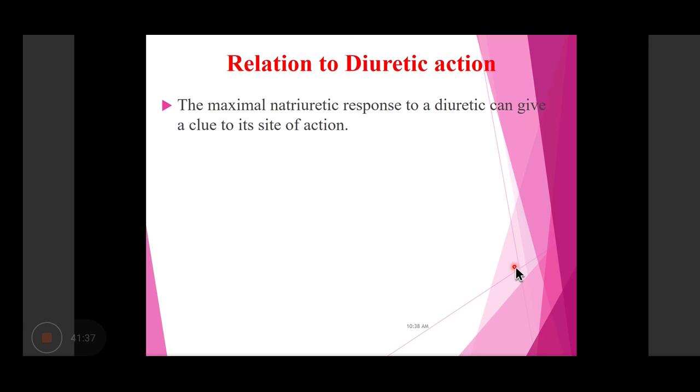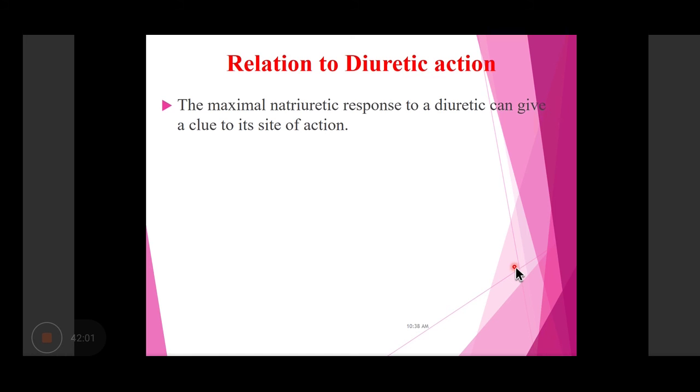So the maximal natriuretic response to a diuretic can give a clue to its site of action. Usually, the diuretics which are acting at the final site, which is site 4, the collecting duct, by that time already much of the reabsorption has occurred at site 1, 2, 3.